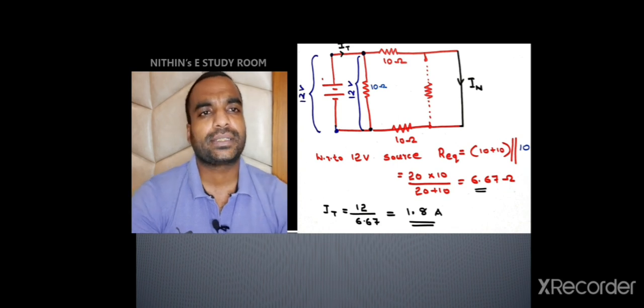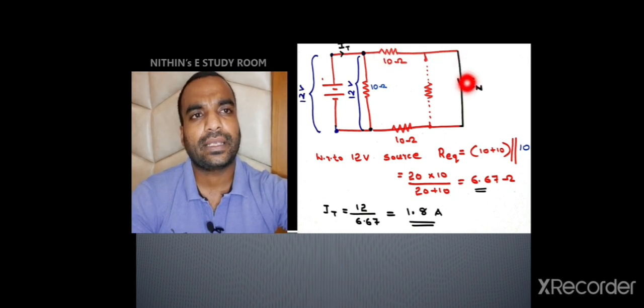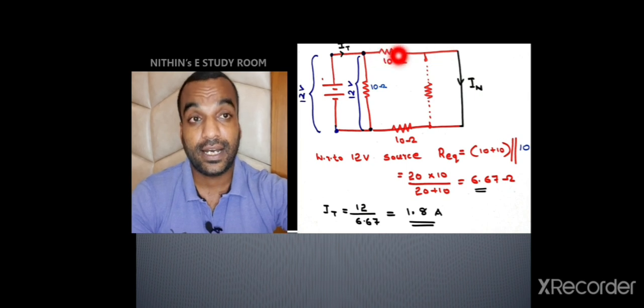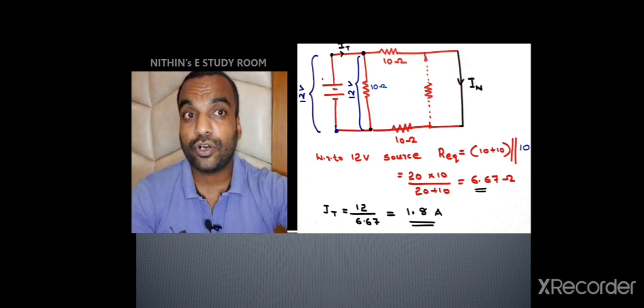So you can say these 10 ohm and these 10 ohm are in series. It is a series path and its combination will give 20 ohm. That 20 ohm is connected in parallel with this 10 ohm.